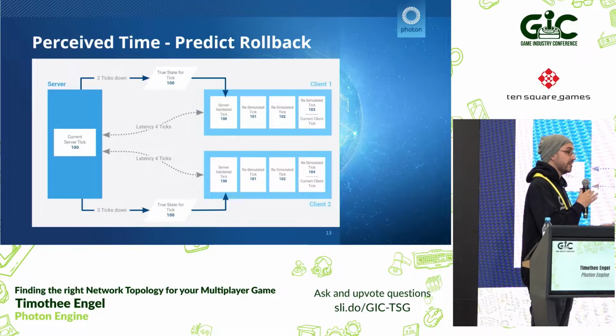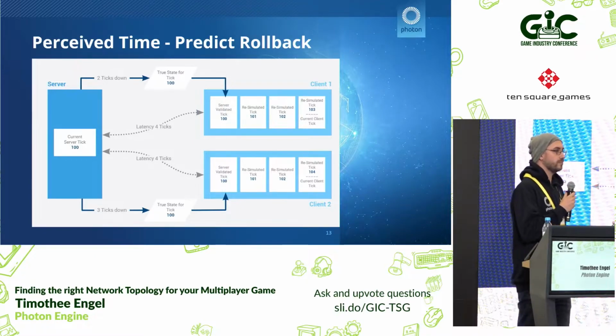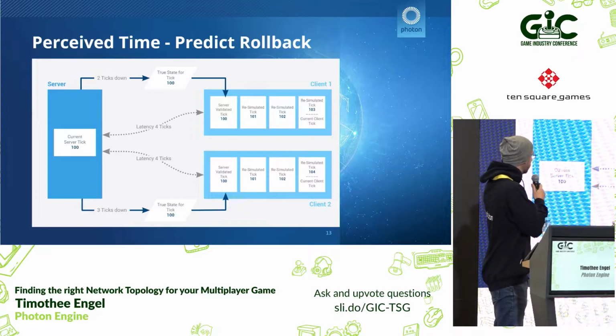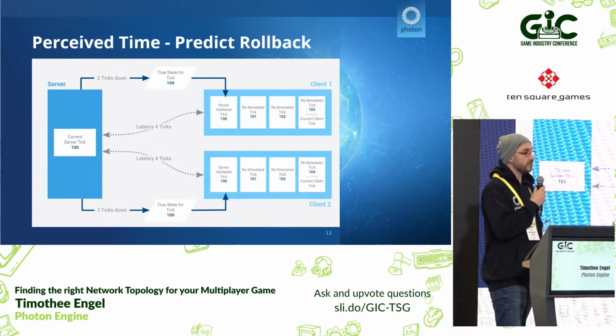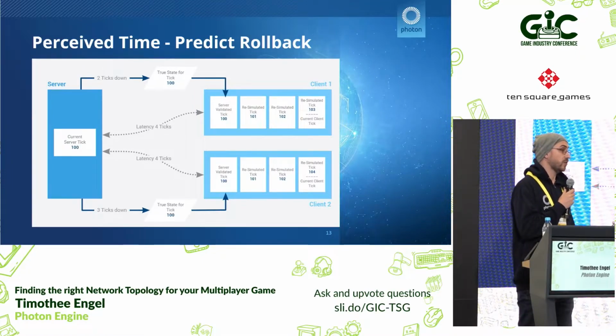This means in order to give the player an impression that everything is happening at the moment that they're doing things, the local system needs to actually predict the future based on the information that it currently has. But because of the time it takes the information to go from the server over to each client, of course this information is technically speaking old.